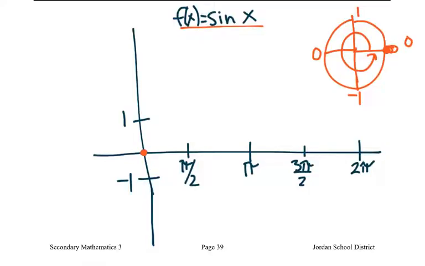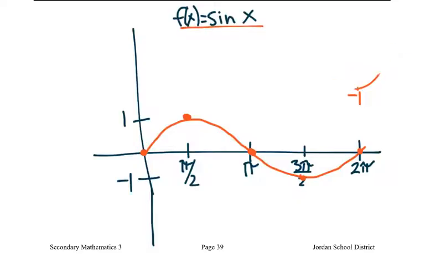So we have 0, then 1 at pi over 2, or 90, then 0 at pi, and then negative 1 at 3 pi over 2, or 270, and then back to 0 at 2 pi. So with these 5 points, we can draw our parent function.